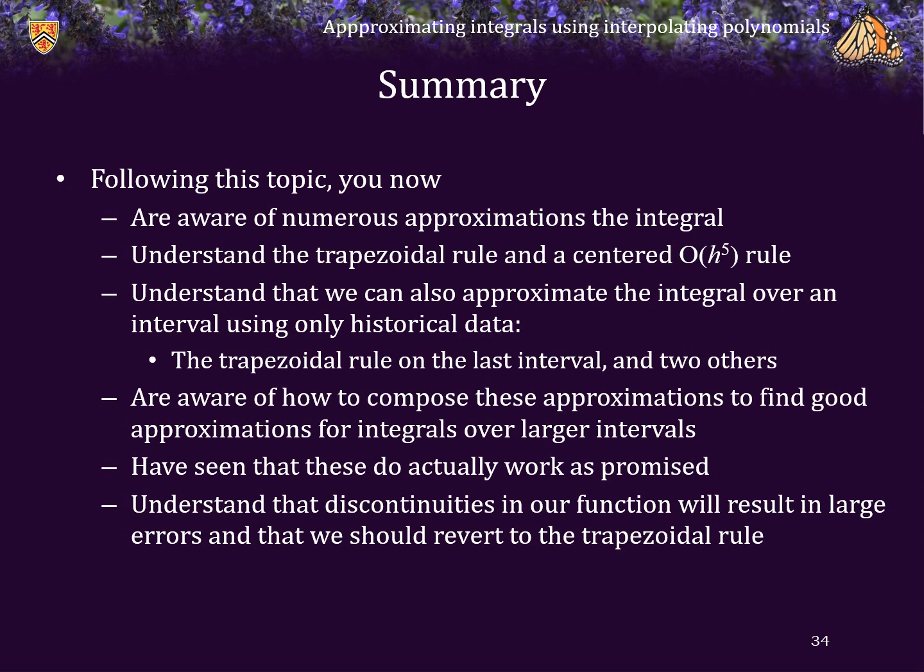What has happened since the last time sample? You are aware of how we can compose these approximations to find good approximations of the integral over larger intervals. And you've actually seen that all of these formulas work as promised by looking at a specific example and dividing the h value in each case to see better and better approximations.